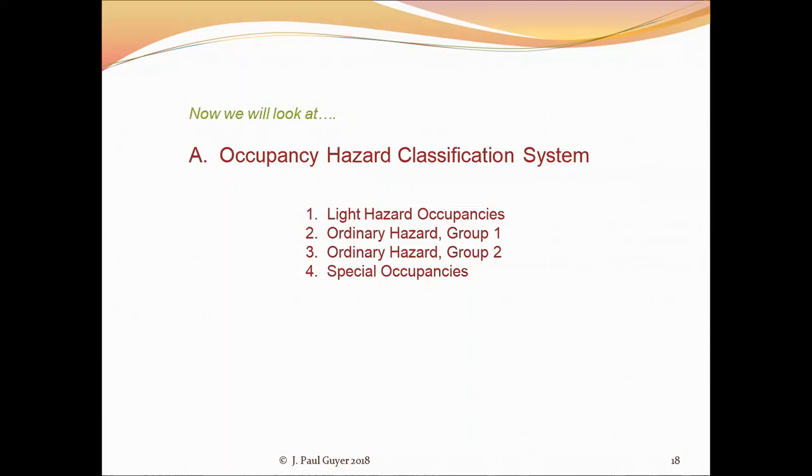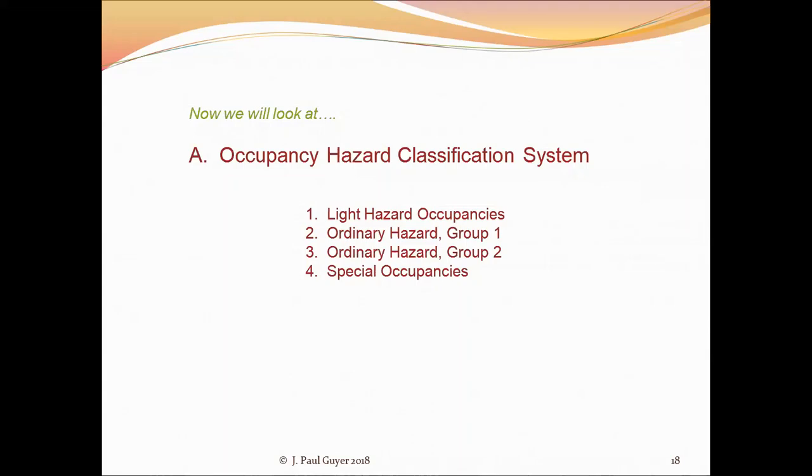Now, occupancy hazard classification system. This is defined by whatever code you're using, NFPA codes, International Code Council codes. And every time they come out with a new version of the codes, they like to change the nomenclature.